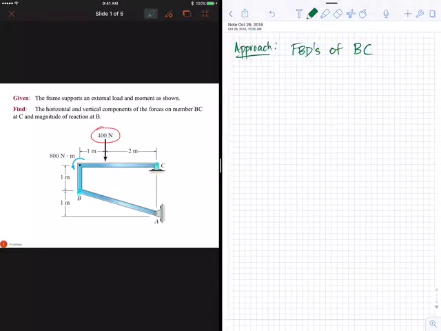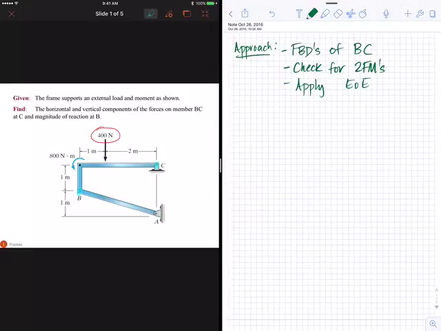And when we look at these frames problems, recognize that this is not a truss necessarily, this is a frame. So you should be thinking about which free body diagrams you are going to need. You should check for two force members. And then at the end, once you've isolated the right free body diagrams, apply your equations of equilibrium.